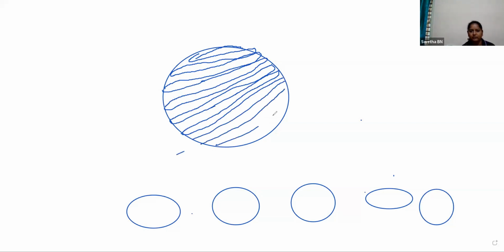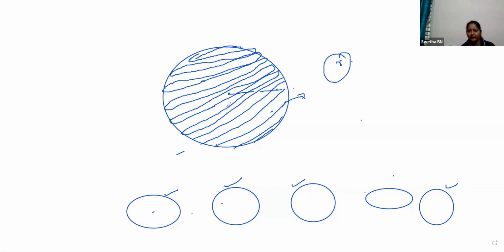Just wind it around the sphere like this till here. Okay, after that you remove the thread and take 4 circles like this with the same radius. See, there is the sphere, so take the radius of the sphere and with the same radius draw 4 circles like this.